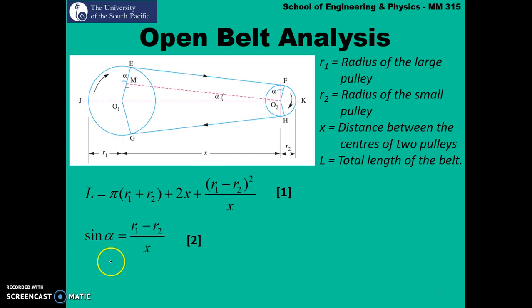And then in equation 2 we have sine alpha. This alpha is very important later on, because we'll use this alpha to calculate our wrap angle, which we will use later to calculate our tension ratio. So this is only true for open belt drive.